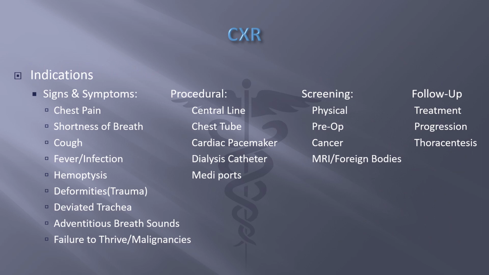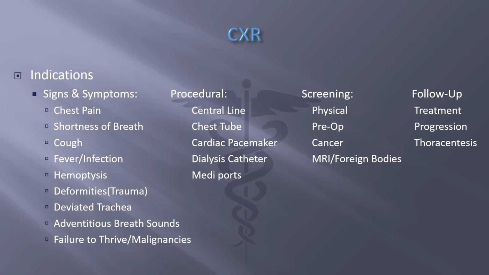Some indications for chest x-rays are many. You'll see a patient who has different symptoms or complaints that require you to order some diagnostics, and a chest x-ray is one that could be very useful. Patients come in with shortness of breath or chest pain, coughing, sputum production.